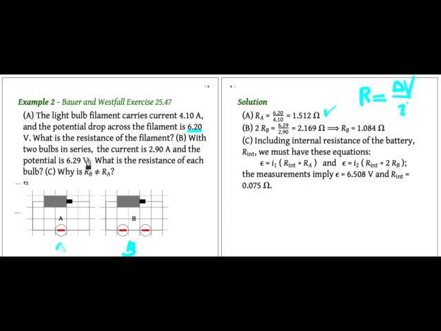Now, what about B? Well, here we have two resistors in series. We have a resistance and then another resistance. And you know from resistors in series, that's equivalent to one resistor, where this equivalent resistance is R1 plus R2.